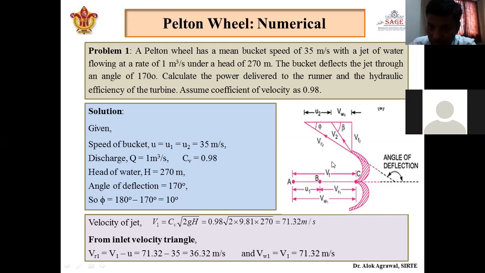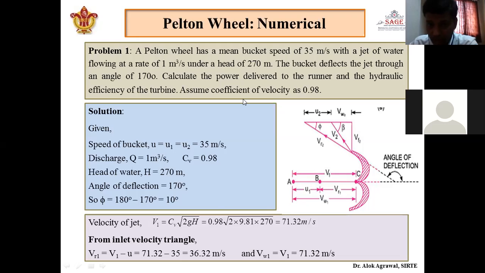So to get VR2, we have to calculate VR1, and from this inlet velocity triangle, VR1 is equal to V1 minus U1. U is already given 35 meter per second. V1 we have just calculated, so it will give 36.32 meter per second. So from inlet velocity triangle, two information is derived, that is VW1 71.32 meter per second and VR1 36.32 meter per second.